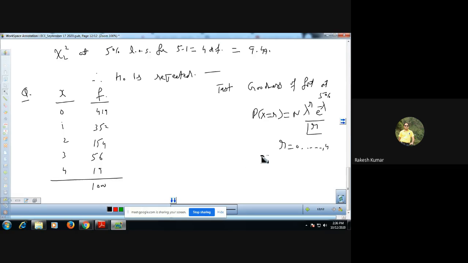Before this, we need lambda. And lambda, you know that in Poisson, this is the mean: sigma fx divided by sigma f. That is 1000; you can find f into x and take the total. That comes out to be 904, so 0.904 is the lambda.